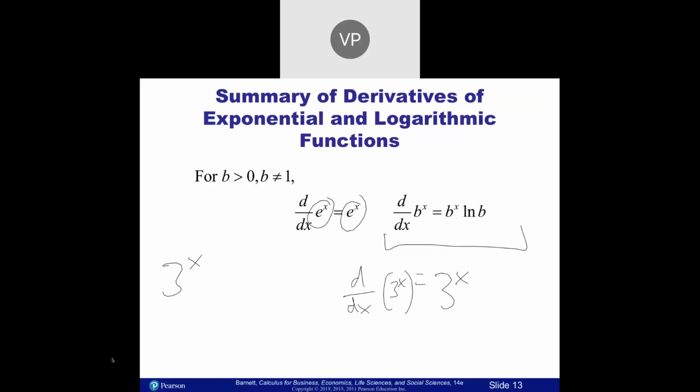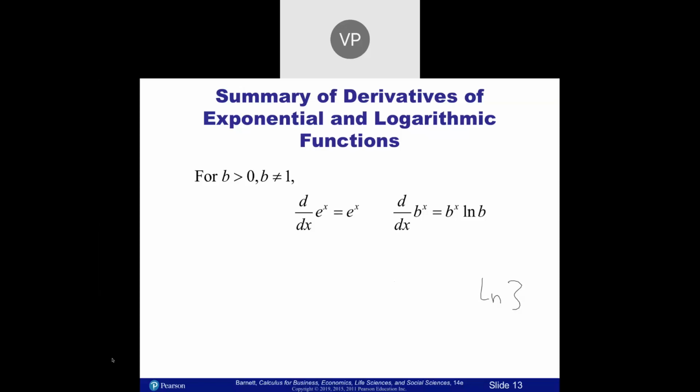You have a little compensation here where all you have to do is multiply this answer by the natural log of whatever this base is. So that's another formula I want you guys to see: if you're taking the derivative of anything to the x, so e to the x, easy, 3 to the x, 5 to the x, 9 to the x, the answer is still that thing to the x, but you just have to multiply it by the natural log of whatever that base is. So that's the general rule.